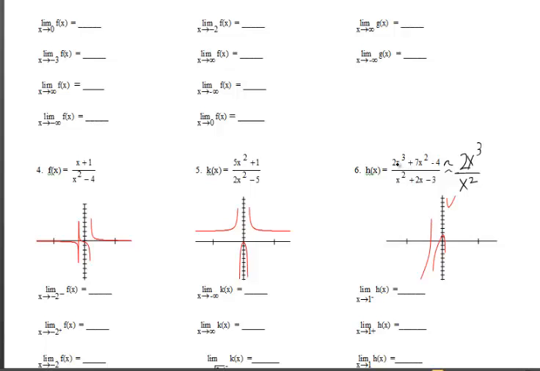Just watch out, sometimes they don't lead off; they might be rearranged, but this is definitely the highest exponent. If you simplify, you're going to end up with 2x. So think about what 2x looks like. Our slant asymptote would look something like this. So that's why the graph looks the way it does.